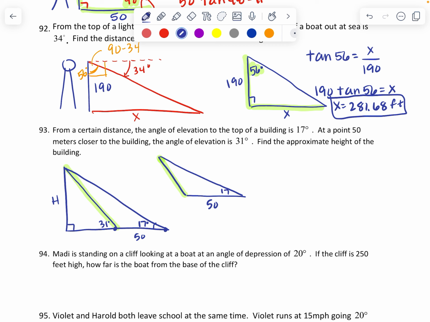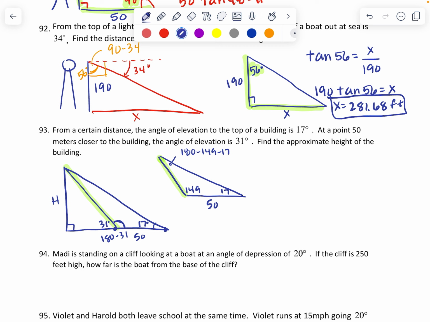I need to find another angle here. So this angle right here is just going to be 180 minus 31, which is 149. And then to find this little missing angle, this is just going to be 180 minus 149 minus 17. I believe that was 14, but let me double check. 180 minus 149 minus 17.